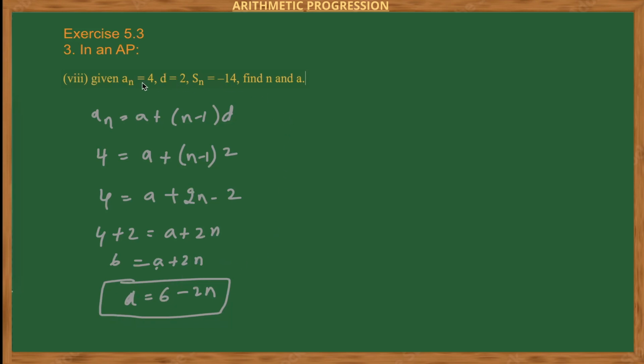Since Sn is given, we can use this formula: the sum Sn is equal to n by 2 into a plus the last term. Sn is given as 14, n is not available. Can we replace a here?